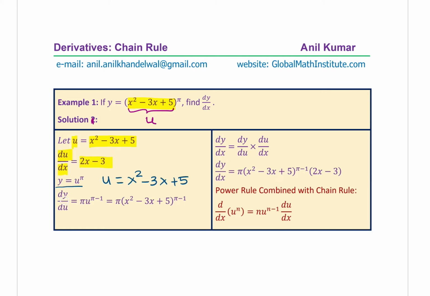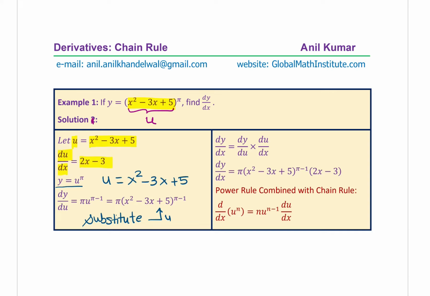Now, we can have the derivative of y with respect to u using the power rule. We get pi times u to the power of pi minus 1. That's the power rule. Now you can substitute the value of u and get the result. Is that clear to you?